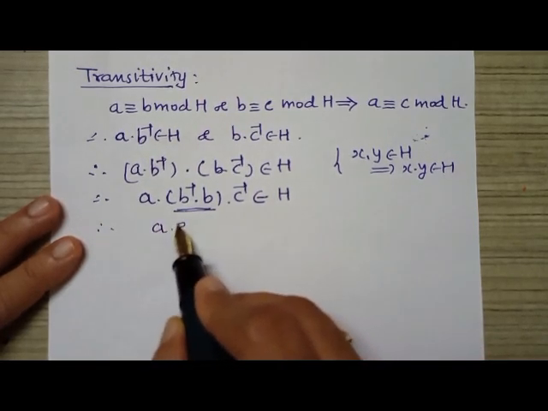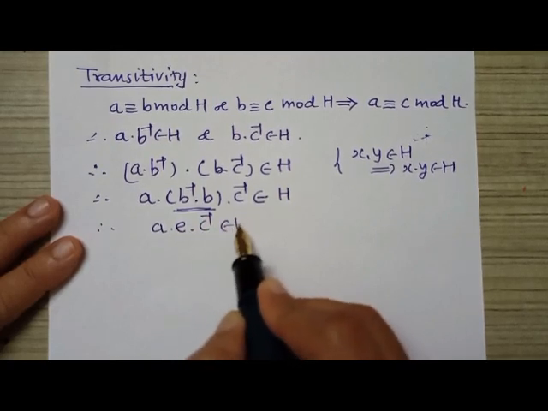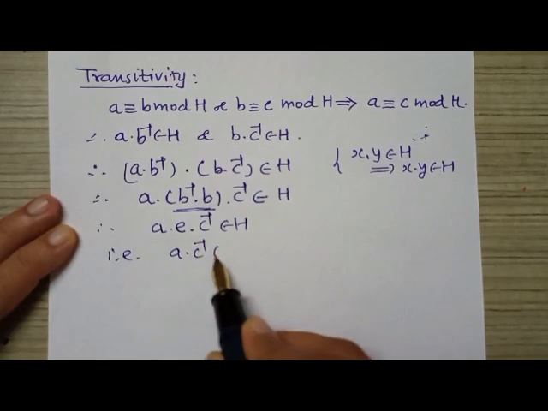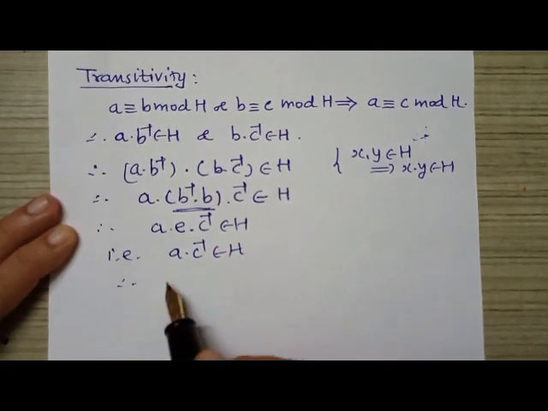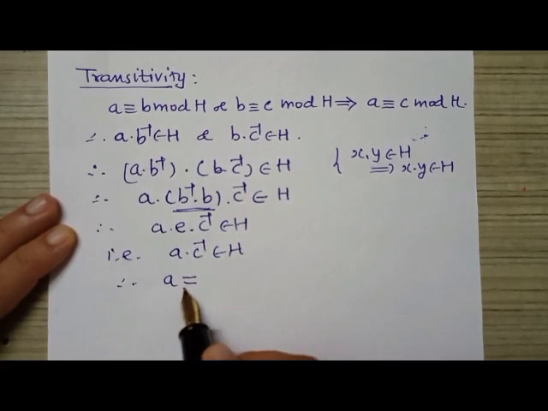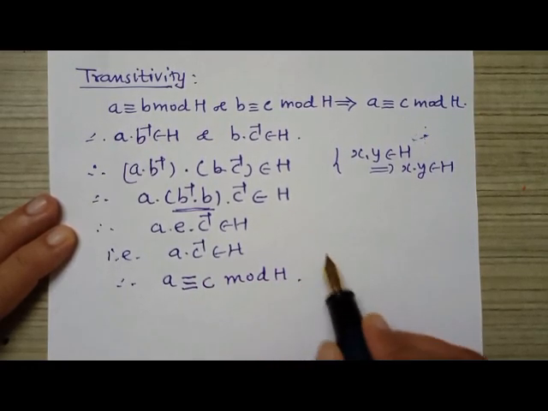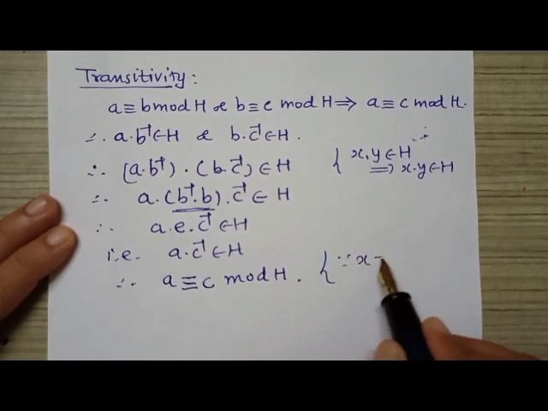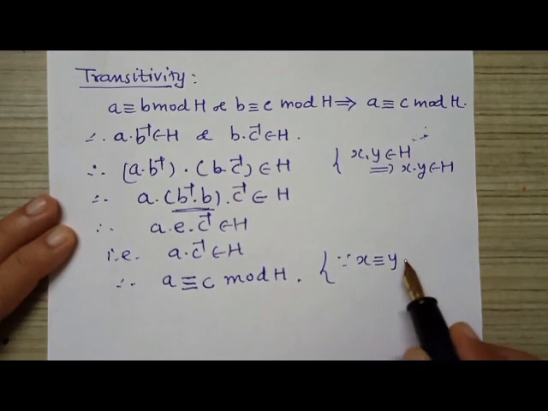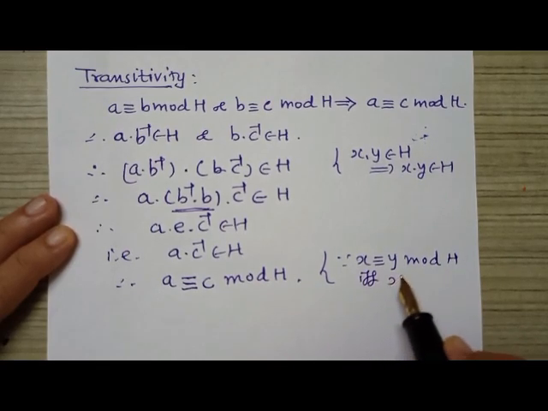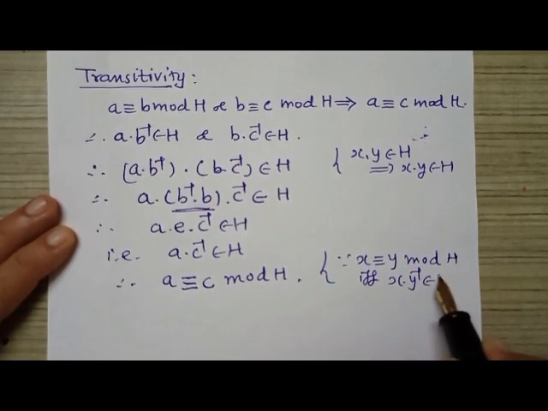Therefore, A dot E C inverse belongs to H, that is A dot C inverse belongs to H. Therefore, by definition, A is congruent to C modulo H, because the congruence relation modulo H is defined as X is congruent to Y mod H if and only if X dot Y inverse belongs to H.